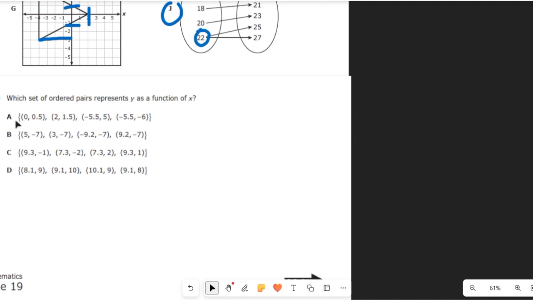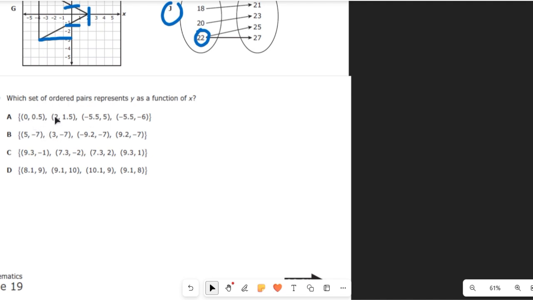Now let's check the first option. Remember the definition of a function: a relation where each input x value has exactly one output. So if any x value is repeated with a different y value, that relation is not a function. Now let's check.